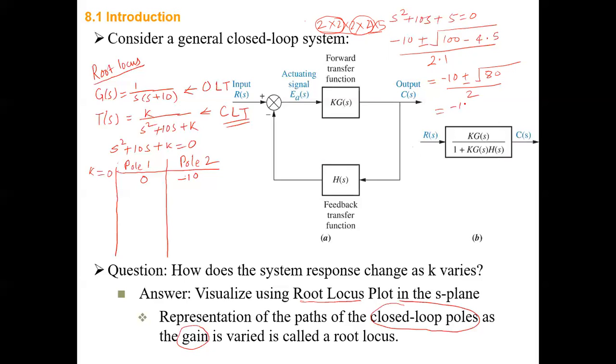So this can be written as negative 10 plus or minus 4 square root of 5, divided by 2.